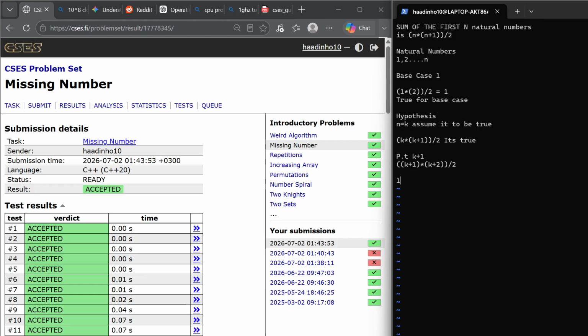So how we're going to prove it is, let's say we have the natural numbers 1, 2, 3 all the way till k, and then we have k plus 1 as well.